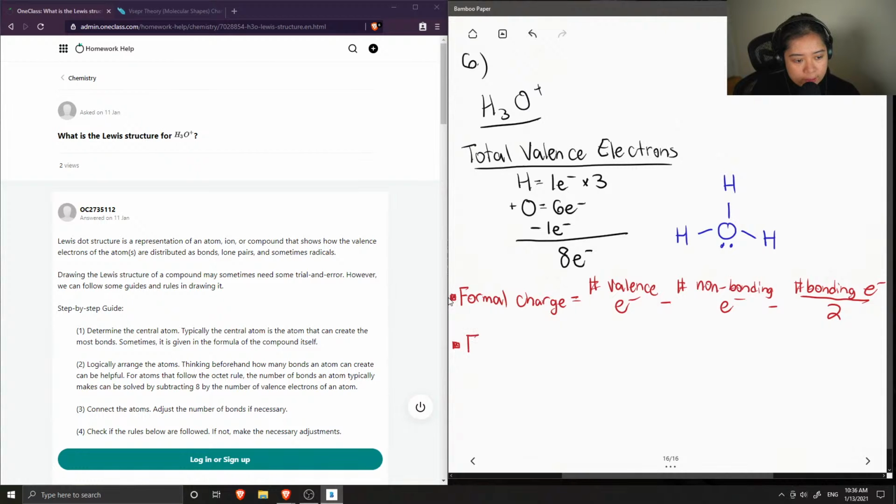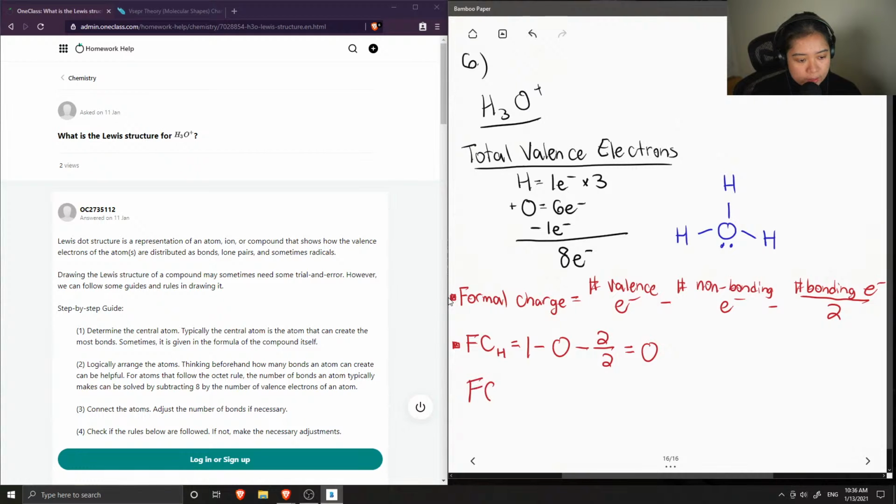Now let's calculate the formal charge of one of the hydrogens. All the hydrogens are the same. They have a valence electron count equal to 1. There are no lone pairs on any of the hydrogens, so the number of non-bonding electrons is 0. And all of them have a single bond, so there are 2 bonding electrons. We divide this by 2. So the formal charge of all of the hydrogens is just 0. They're all neutral.